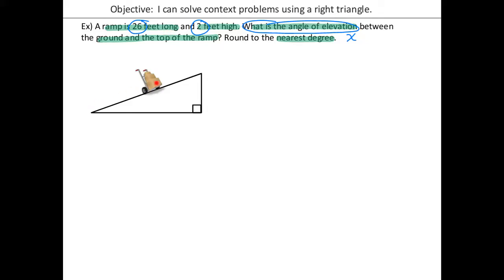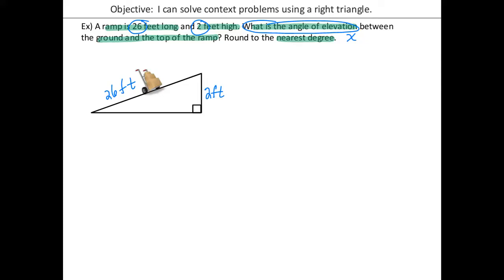So the ramp here is 26 feet long. So my 26 feet goes up here. And then the ramp is 2 feet high. Is that going to be the bottom or the top to bottom? Top to bottom. This is 2 feet.